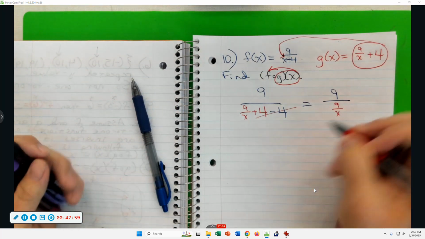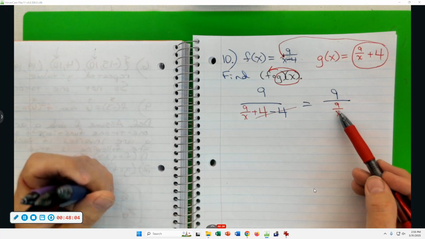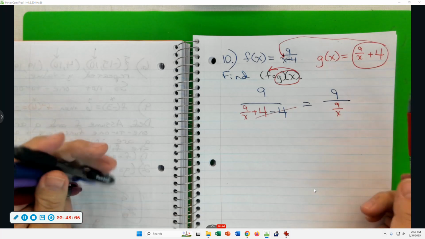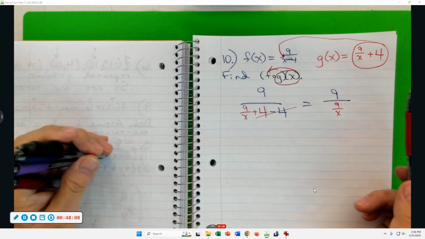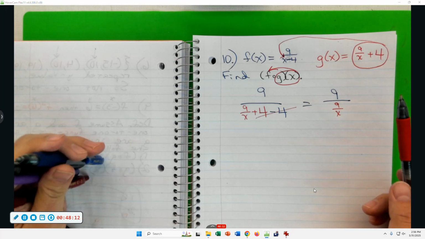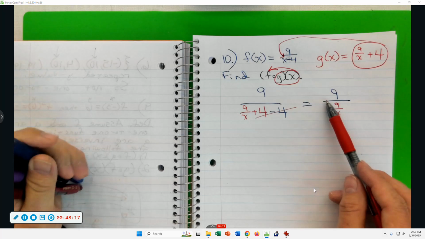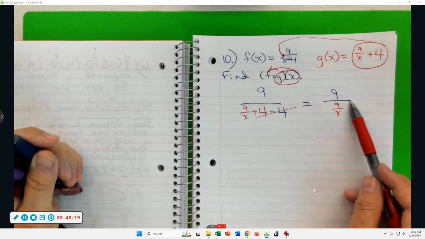So all we have now is 9 over x. This is called a compound fraction, a fraction that contains additional fractions. There are two generally accepted approaches for simplifying compound fractions. What I like to do is multiply above and below by the minor denominator. This is the major fraction bar here, the blue one.